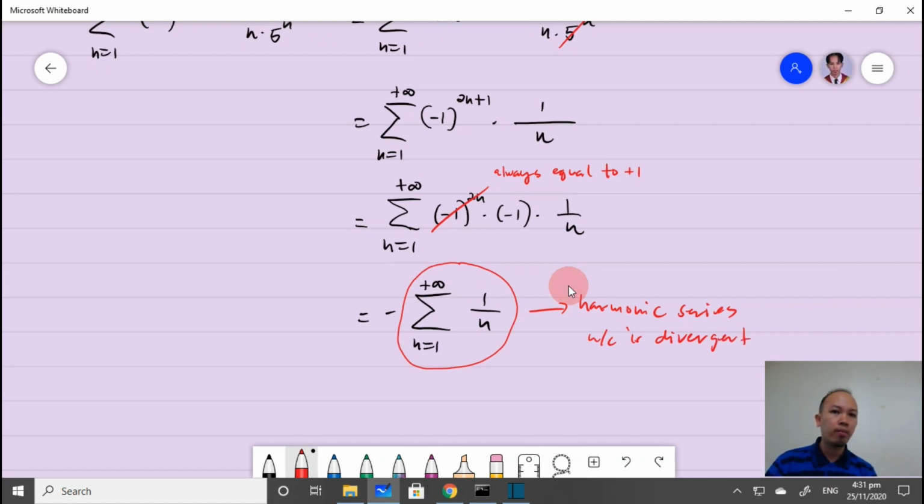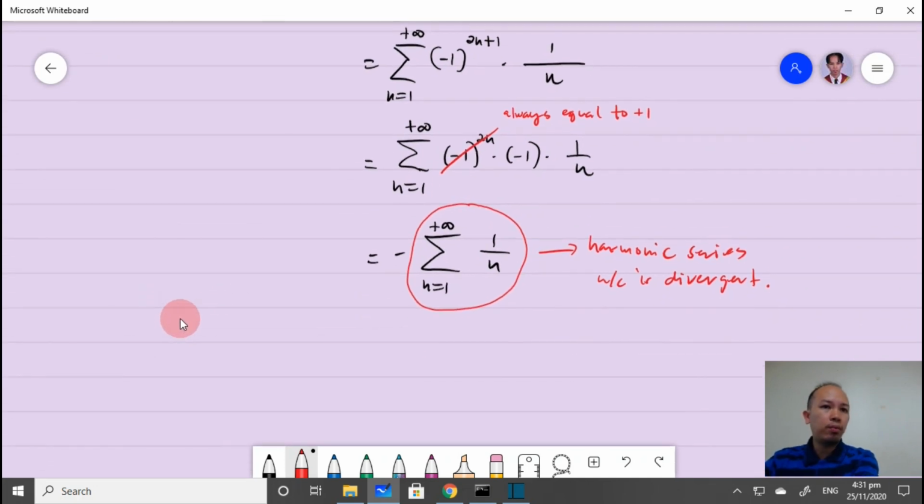Okay, so this means that the endpoint negative 5 over 3 is not included in the interval of convergence.